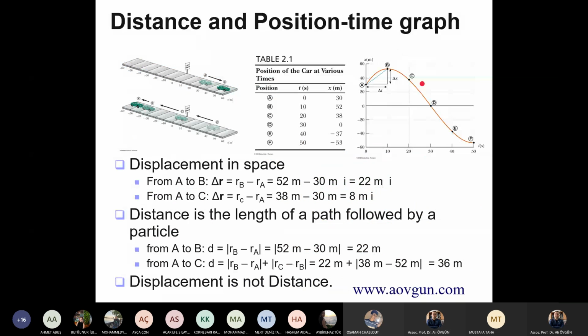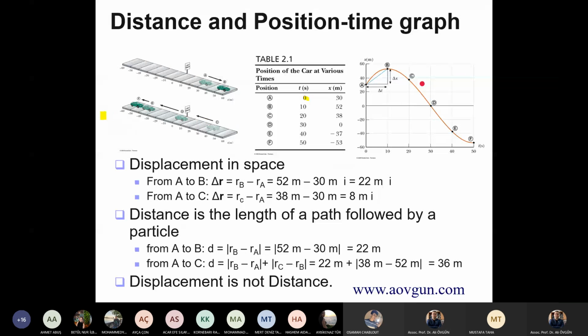Okay. Another thing is distance and the position-time graph. In this graph, you can see two cars. For example, here are cars A and B in the first figure, and you can see their initial position. Initial position means when t equals 0. When t equals 0, car A is at 30 meter position, and car B is at 52 meter position, and so on.